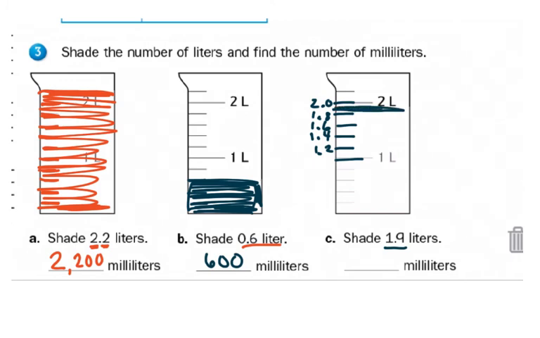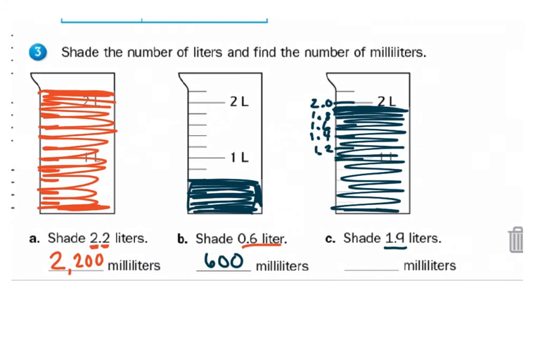So halfway between that line, and we write that as the 1 liter is 1,000, and the 9/10, I can put zeros behind that, it doesn't change the value of it, 1,900 milliliters.